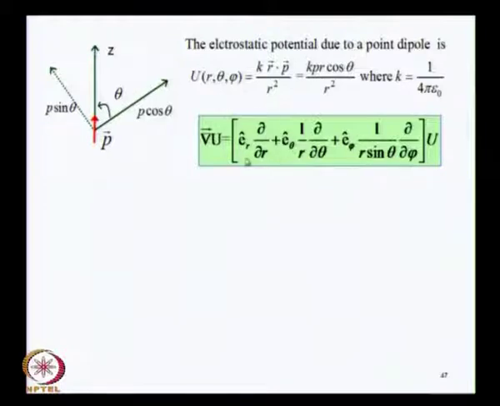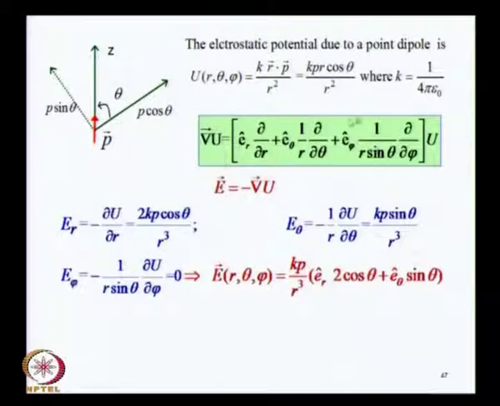Here I make use of the expression for the gradient in the spherical polar coordinate system which we have just obtained, and by using this definition you can get the corresponding components, because the electric intensity is the negative gradient of the potential. That is the connection between field and potential which I mentioned earlier.